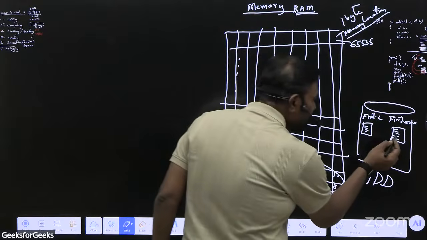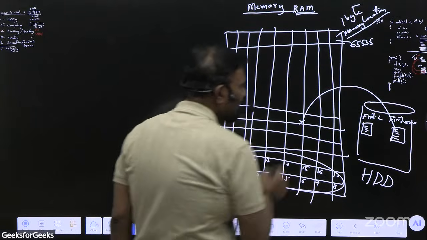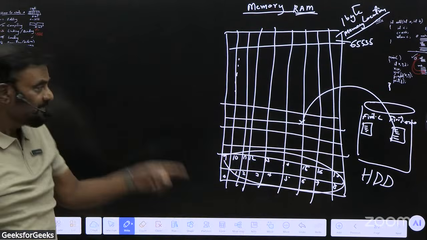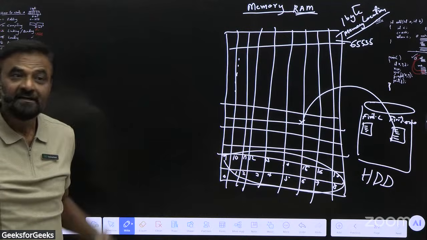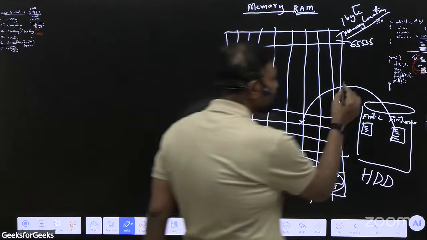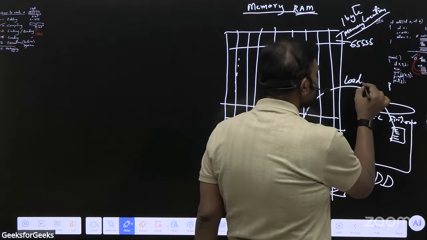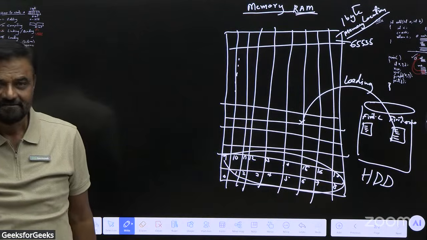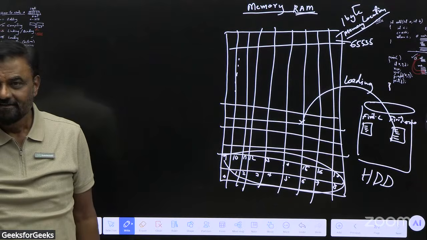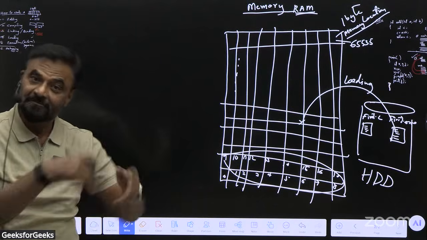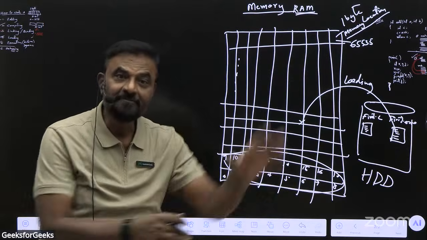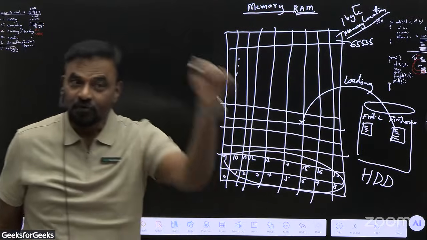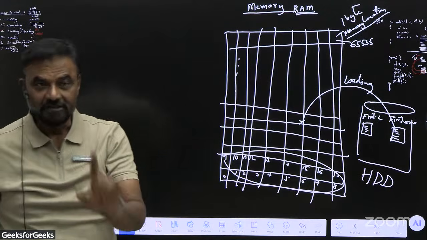Now this should be loaded into RAM. Bringing the program inside the main memory, this process is called what? Loading. This process is called loading. Bringing the executable code of a program from the hard disk, from the file, to RAM is called loading.